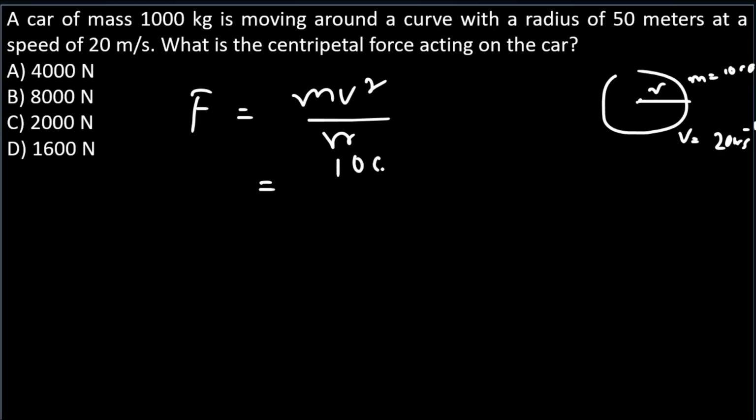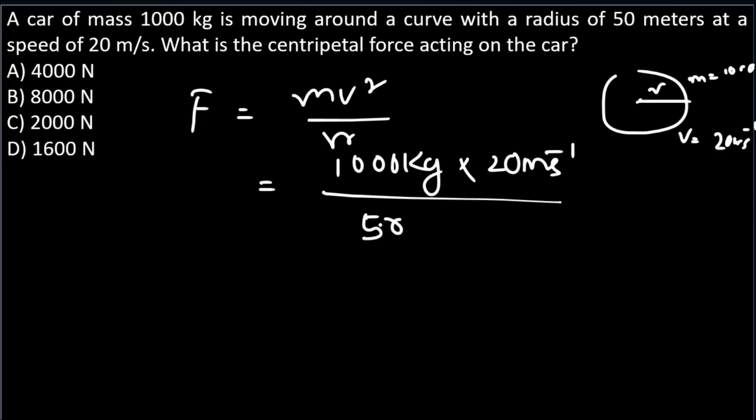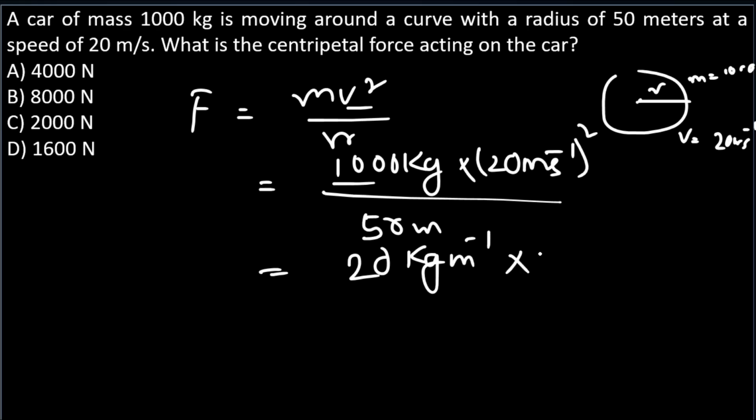So here 1000 kg times 20 meter per second whole square over 50 meter. 50 will go over 1000, giving 20, and 20 times 20 equals 400 meter square per second square, so v square. So we get 20 kg times 400 meter square per second square.